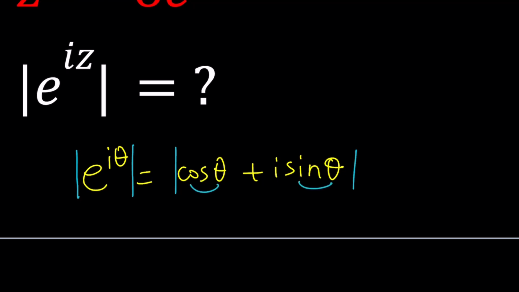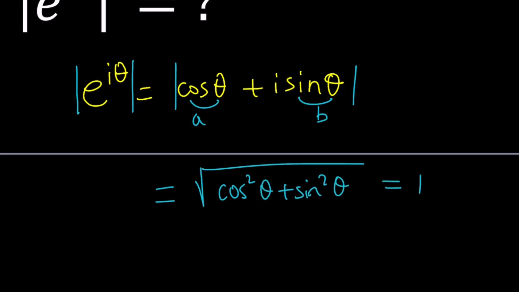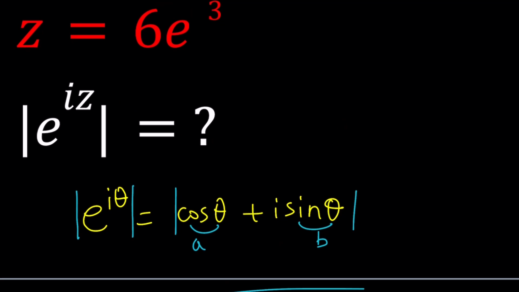In this case, this is going to be our a, real part, and imaginary part b. So the absolute value is just going to be the square root of a squared plus b squared. And that would be just 1, right? Trigonometrically. So, is that true for this number as well? Is it going to be 1?